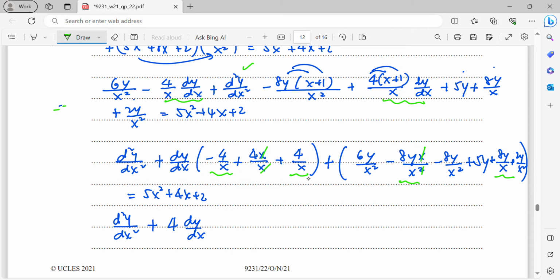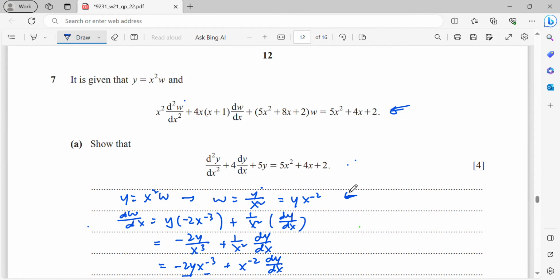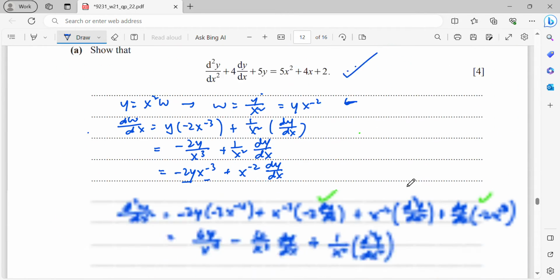Then the rest of the three terms, when you simplify, here 6 plus 2, 8. 8 minus 8, it will be 0. That means only left 5y. So here I will get plus 5y equals to 5x squared plus 4x plus 2. Okay, so that is the expression that we have proven.